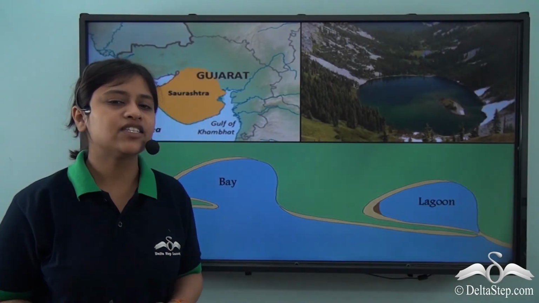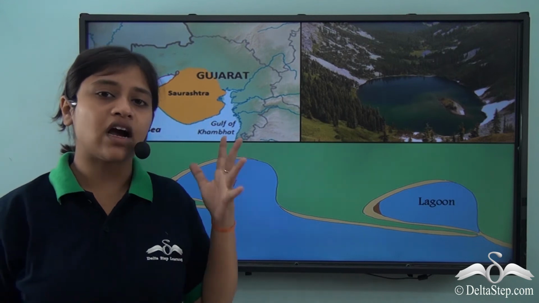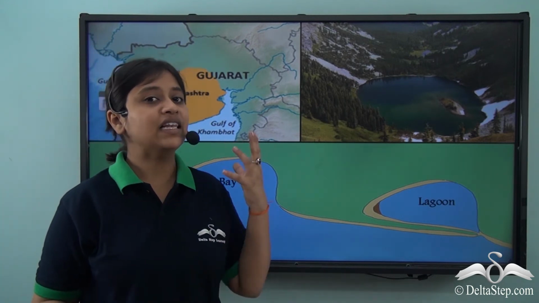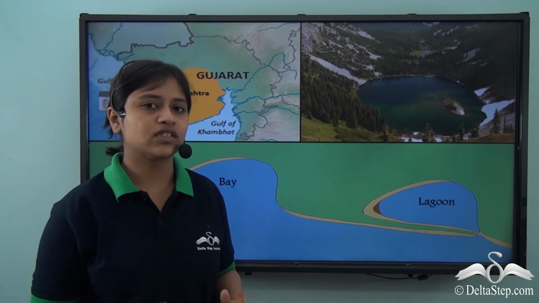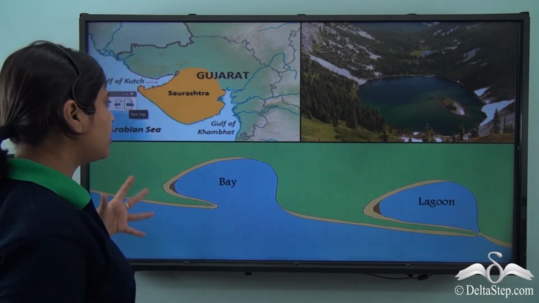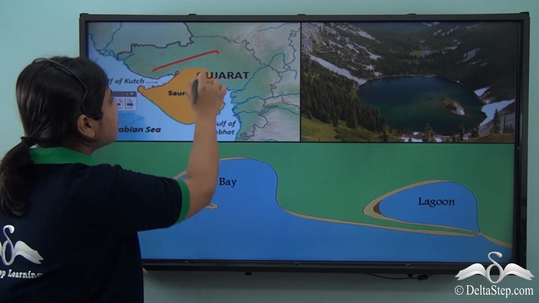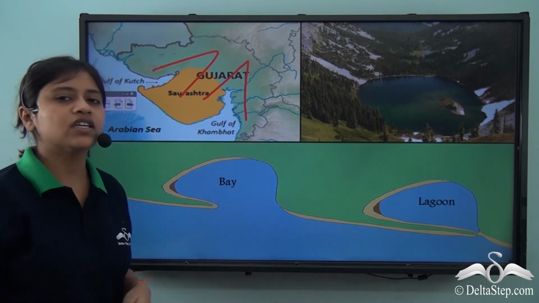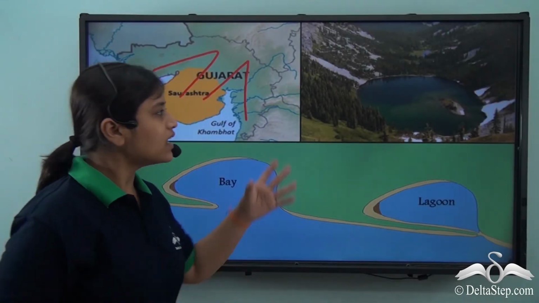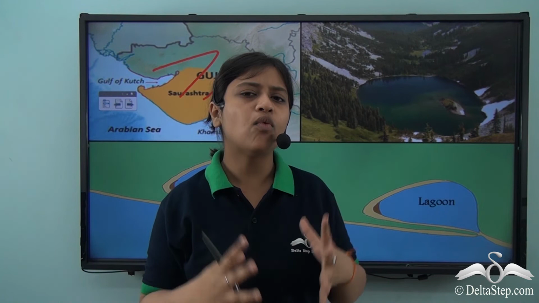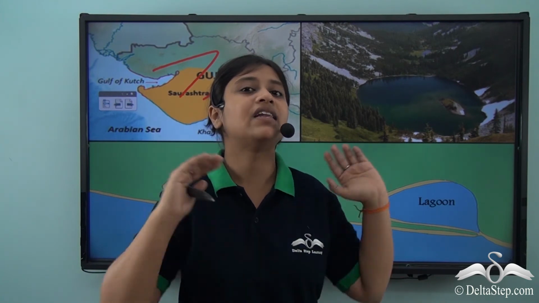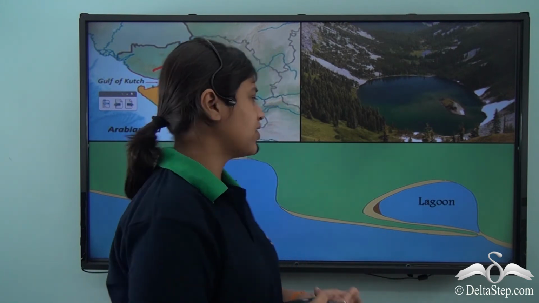So today in this video, we learnt about gulfs, bays, lakes and lagoons. So what is a gulf? We know that a gulf is a deep inlet of water into the land. While a lake is another minor water body that is surrounded by land all around it, right?